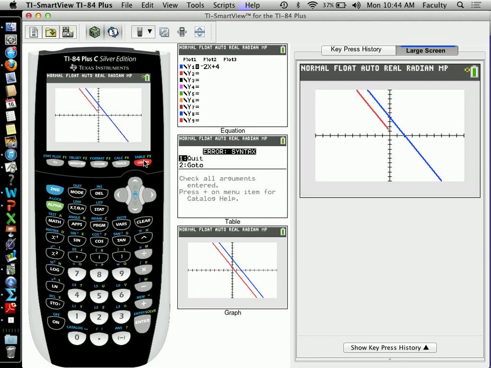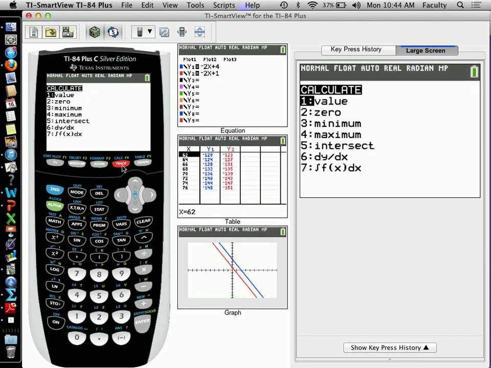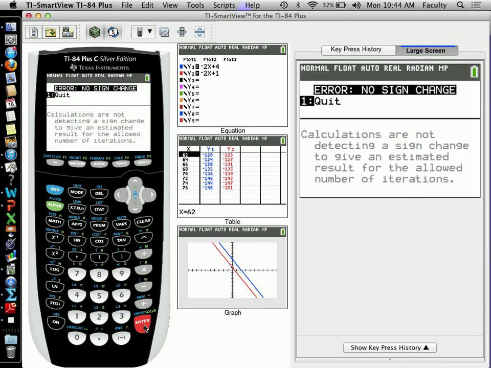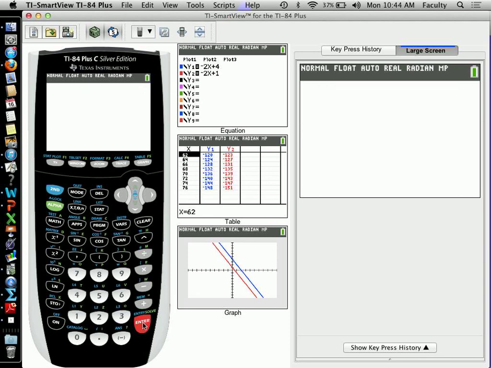And these appear to be parallel, but let's suppose we shut our brains off for a moment and we're just going through the process. We enter it in y1, we enter it in y2. Let's do second trace, intersect, enter, enter, enter, and it says error. Okay? It doesn't work because there is no intersection.